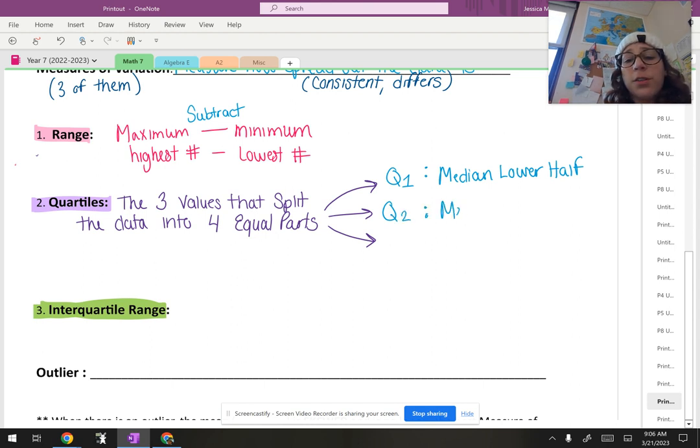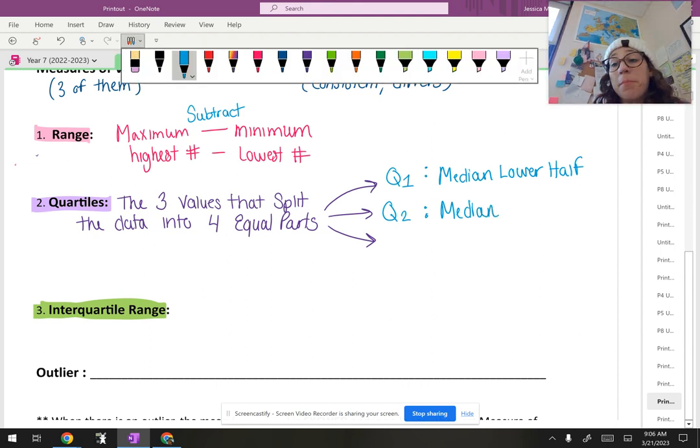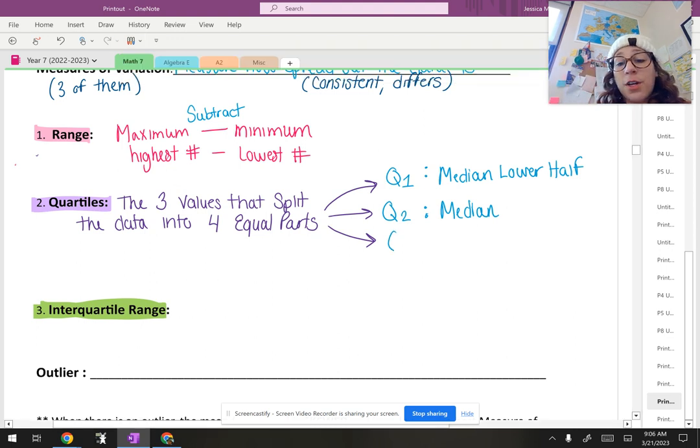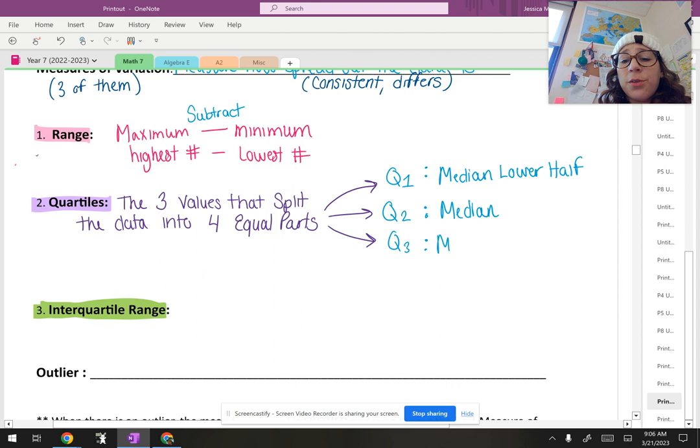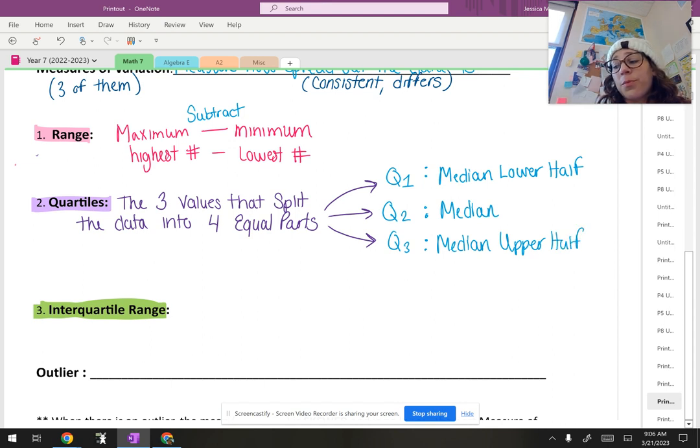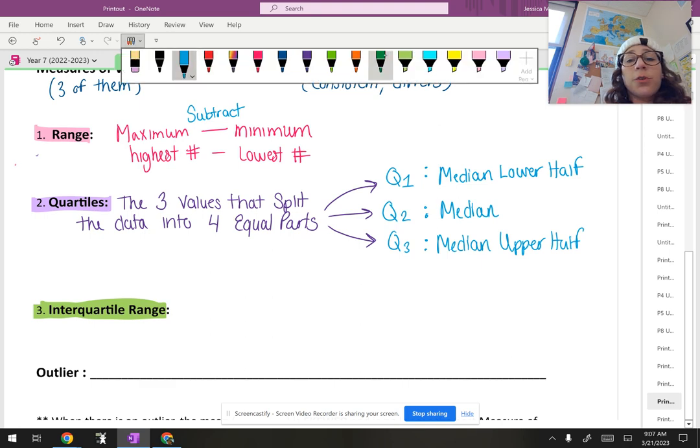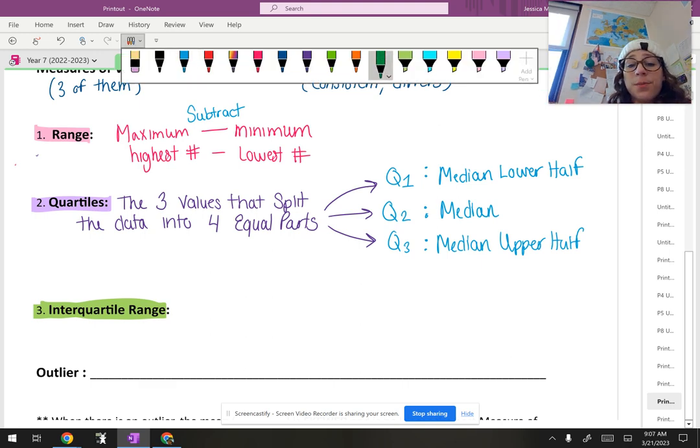Q2 is your known and loved median back from 8-1, that middle number, kind of going through, putting it in order and finding out which one is in the middle. And Q3, if you've guessed it, Q3 is the median of the upper half of your data. And those 3 numbers are your quartiles.